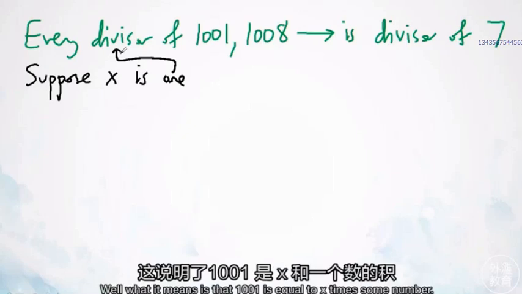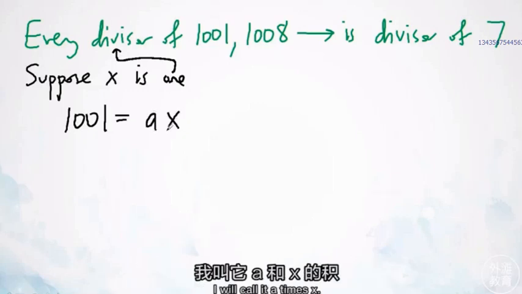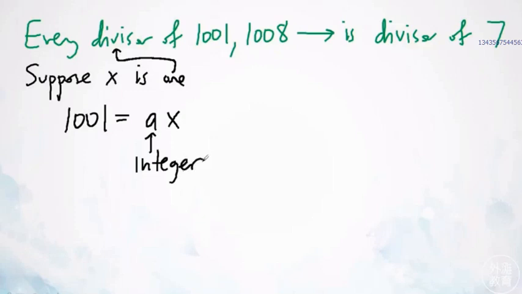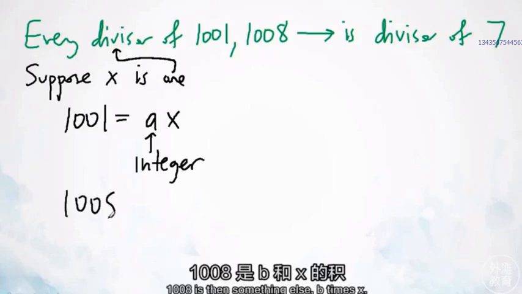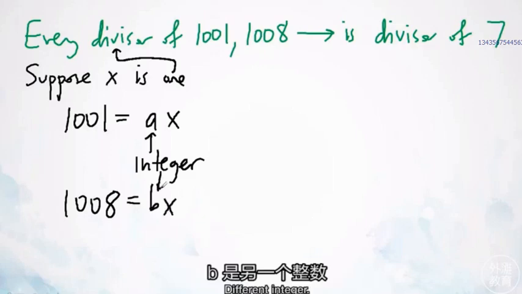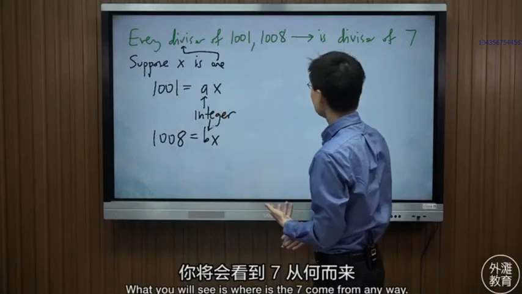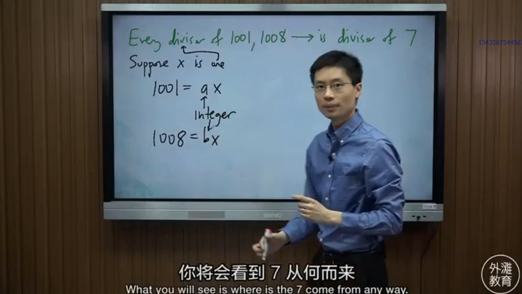Well, what this means is that 1001 is equal to x times some number. I'll call it a times x. A is an integer. 1008 is then something else, b times x. Different integer.